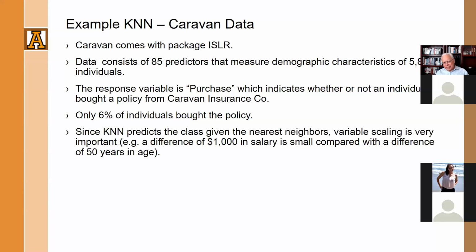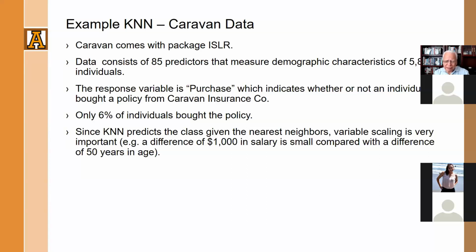KNN predicts the class given the nearest neighbors. So variable scaling is very important, okay? Because of course for continuous variables, it will consider Euclidean distance. So we need to make sure that the scaling of the variables is done if we have very different scales.